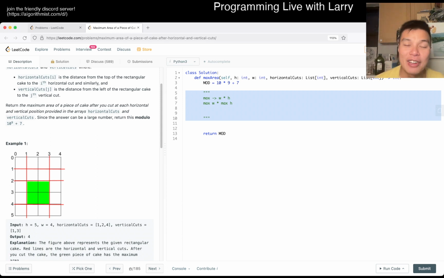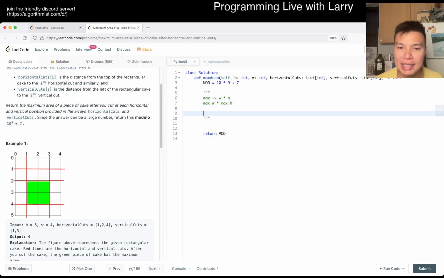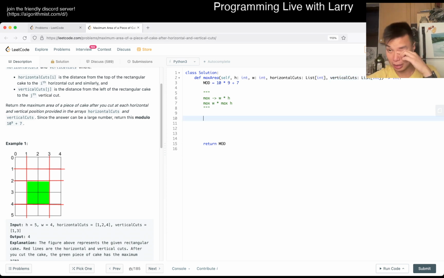I don't know. Okay, anyway, so given this formula, it just becomes implementation, right? So then here, how do we get it? Again, remember that these things are independent, so we can just do it independently. So we could do it for width and then do it for height and then multiply them together. And of course, the idea is going to be the same because they're independent. So I'm going to write a helper function for this, maybe something like get max on cuts, and then we have cuts.